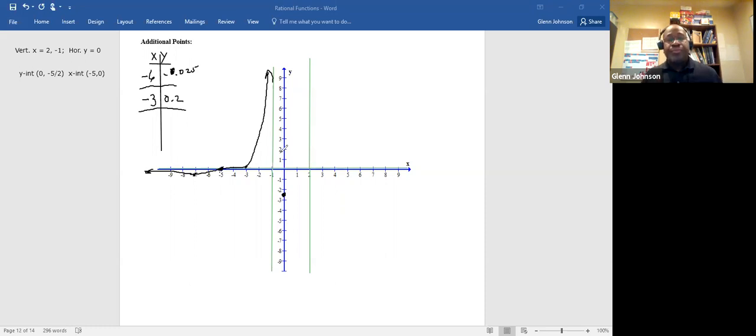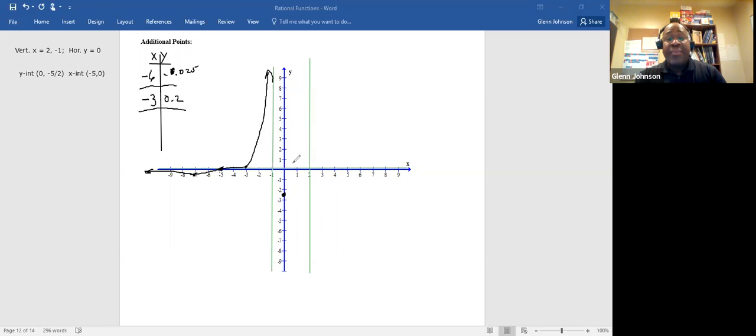With that in mind, there are no x-intercepts in between these vertical asymptotes. So because of that, there's only one possible direction the graph can go. It's got to go down.